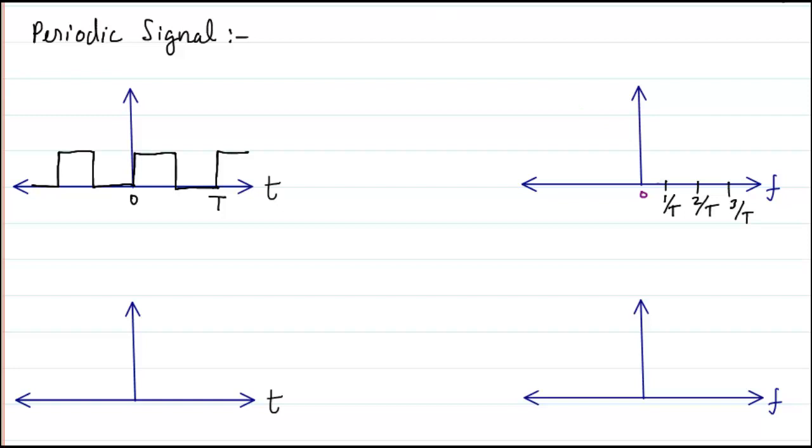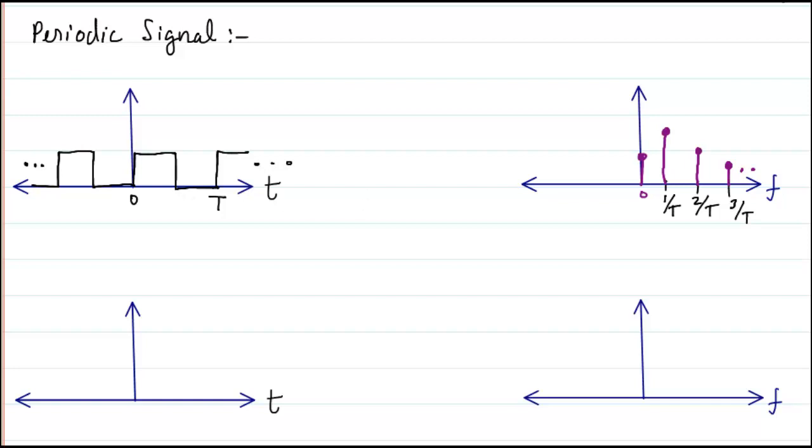So you will have at 0 you may have some frequency, at 1 by T you will have some amplitude, at 2 by T you will have some, and then at 3 by T, let's say, like that it will keep on going. Here also the signal is going up to infinity, starting from minus infinity.